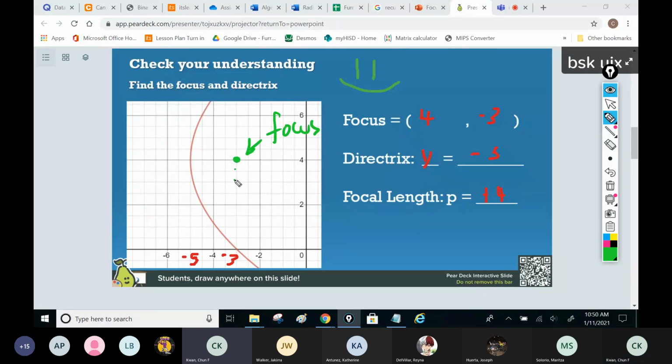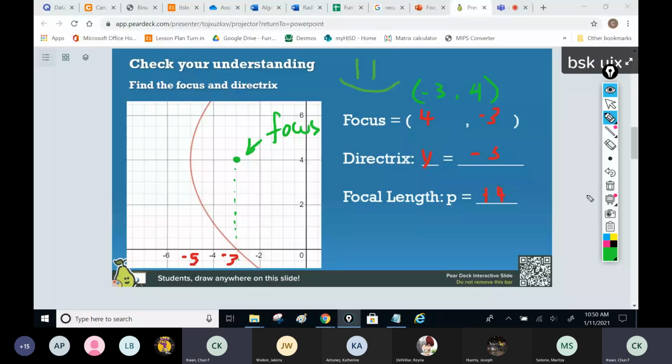You have the x and y mixed up. It's the other way around. The x value goes first. So this is actually -3 and then +4.